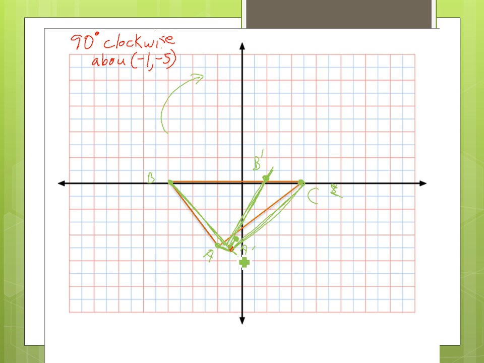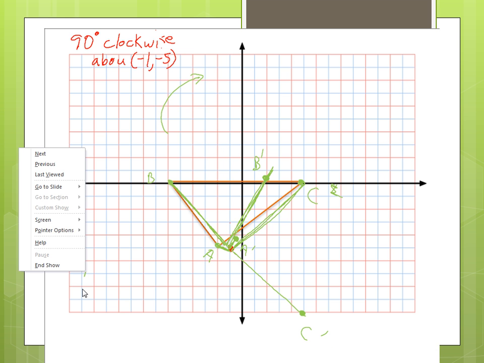Since we're going clockwise, it's going to come down here somewhere, and it'll be about that same distance. So it's 1, 2, 3, 4, 5, about 6 blocks. And again, this is just an estimate. Somewhere about in there, that's going to be C prime.